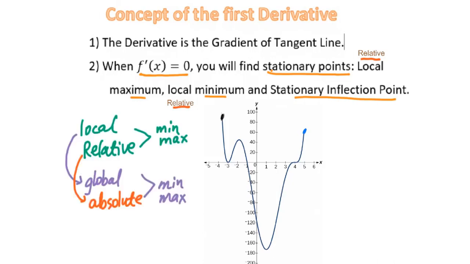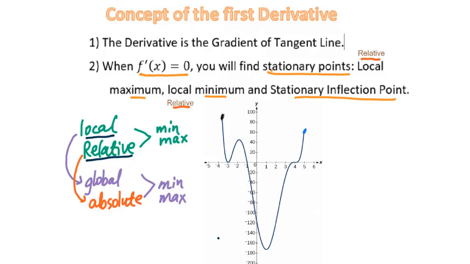Compared to the word local, it will be global. Compared to relative, it will be absolute. So sometimes we talk about local or relative minimum or maximum, and we use the words global maximum or absolute maximum or minimum.